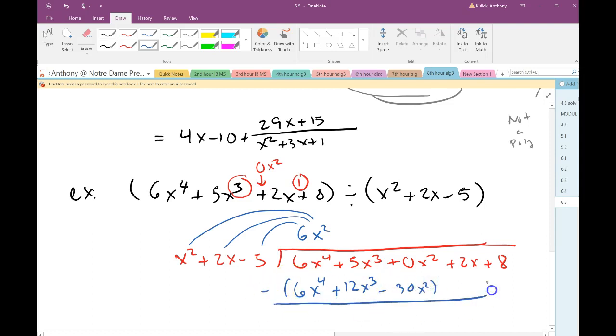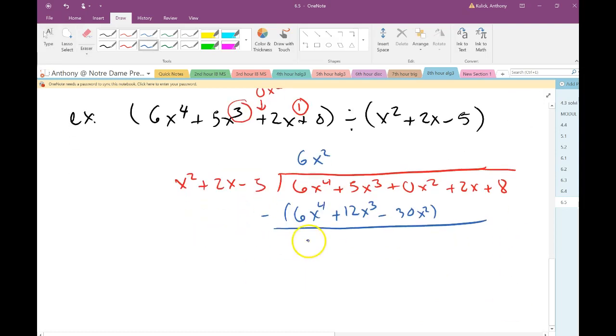And then I subtract down. When I do that, I get 0. 5x cubed minus 12x cubed is negative 7x cubed. 0 minus 30, minus a negative 30 is positive 30x squared. And then I bring the rest of my stuff down.